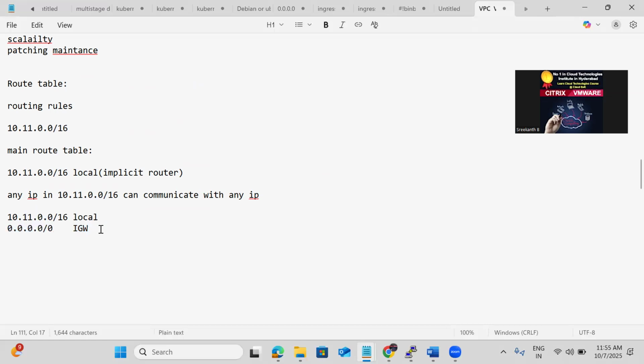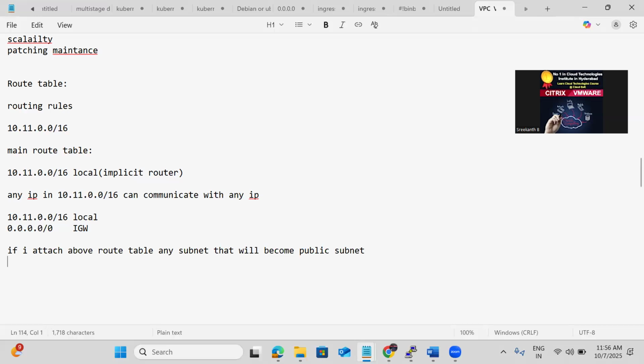Okay, then if I attach the route table to any subnet, that will become a public subnet.